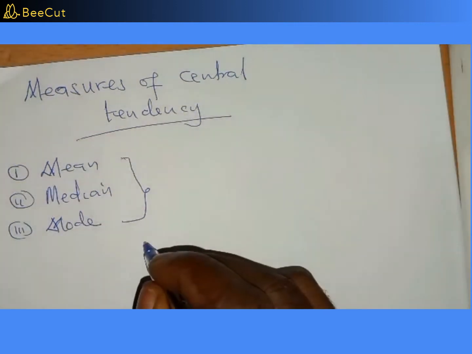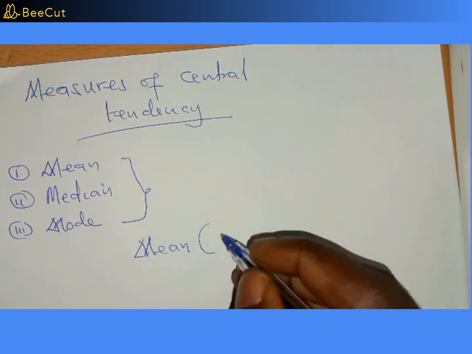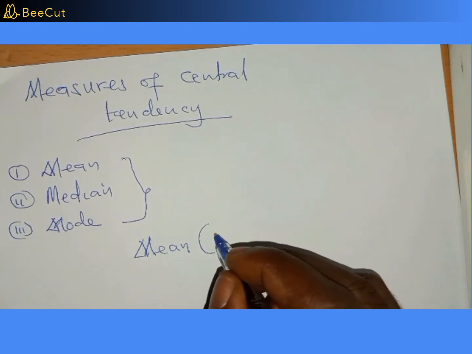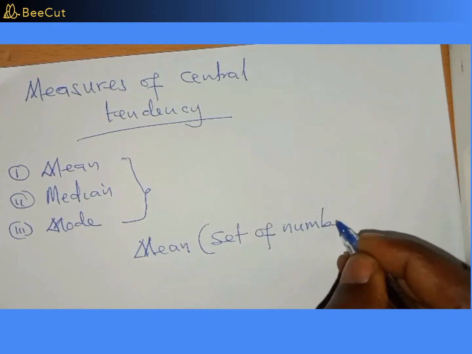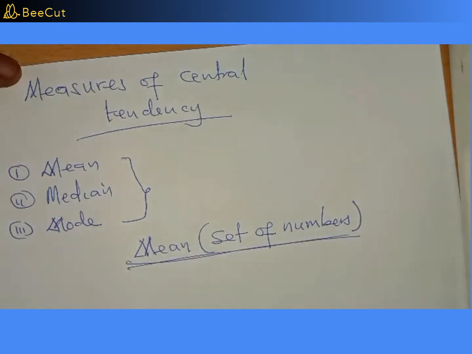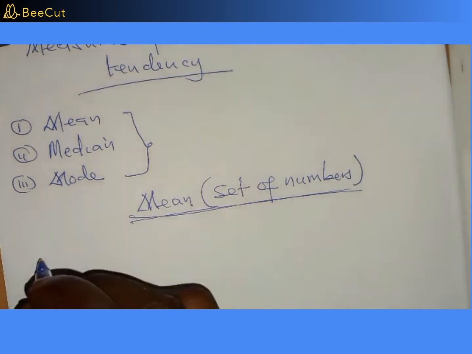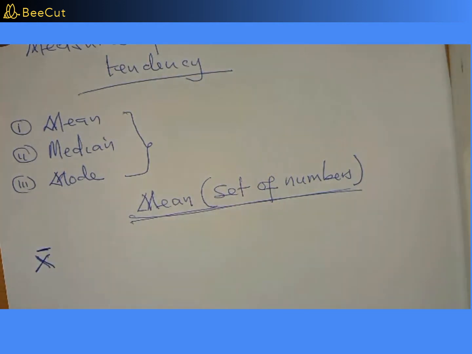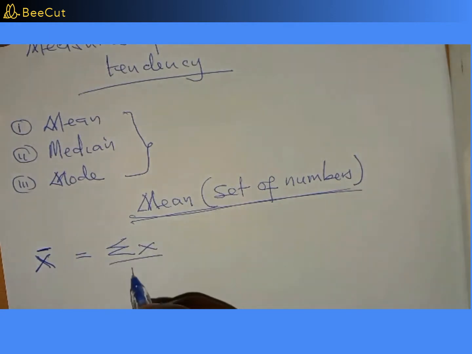So we'll take a look at what we call the mean, for a set of numbers. Finding the mean of a set of numbers, the mean is denoted by x bar, and it is given by sigma x over n.